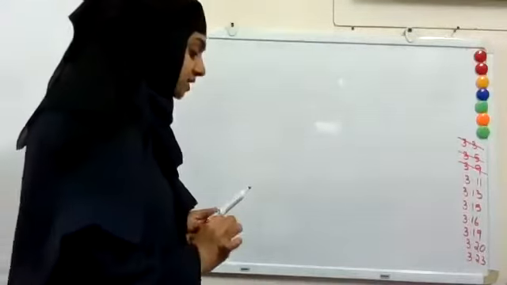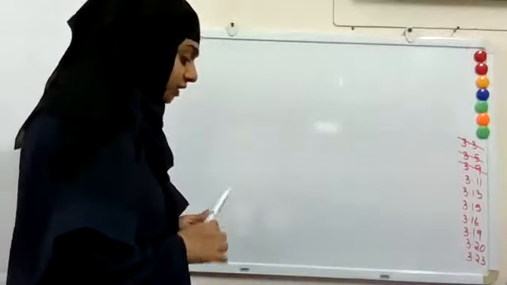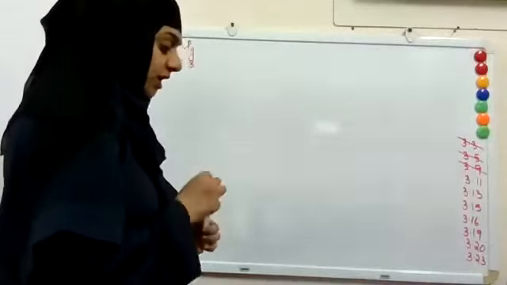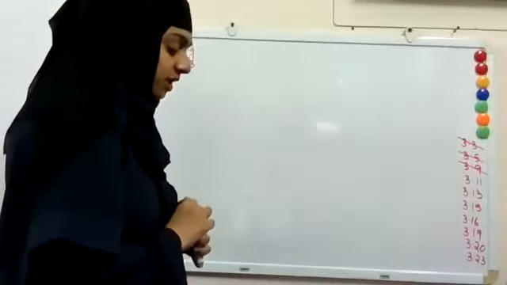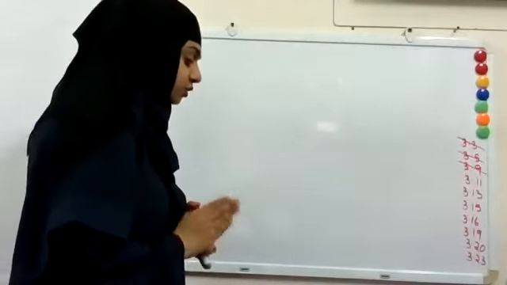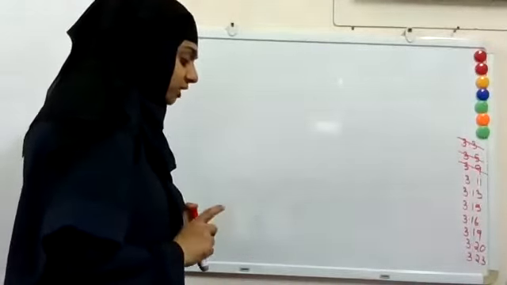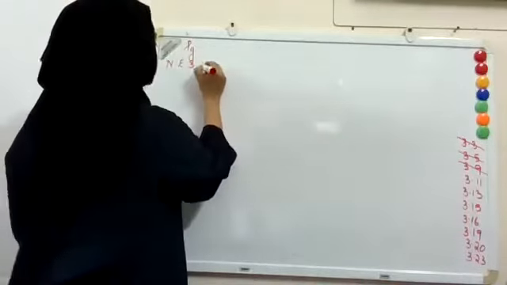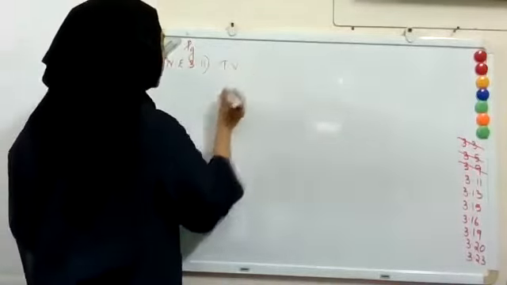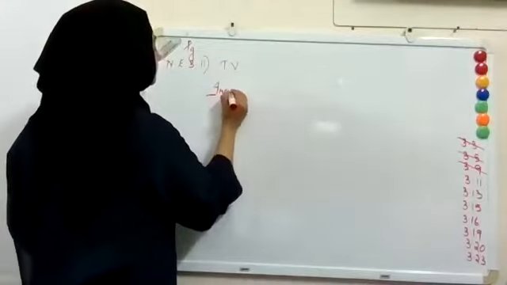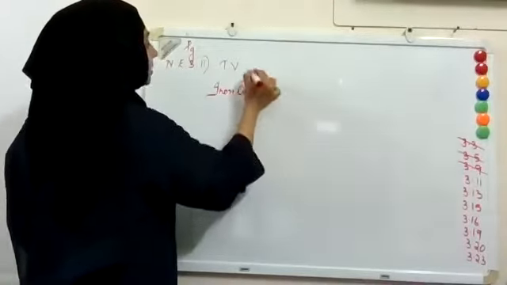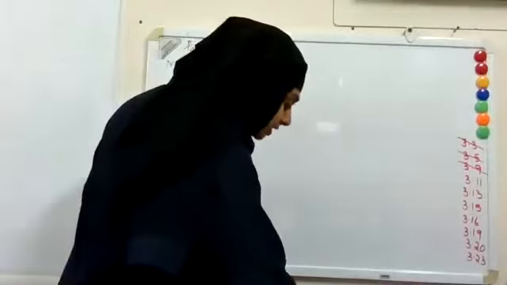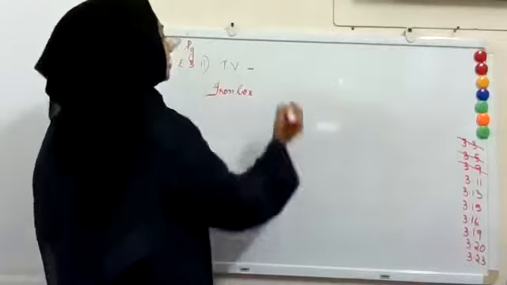A TV set of 250 watt is used for 1 hour and an iron of 1200 watts is used for 10 minutes. Which one will be using more energy? So you have a TV set and an iron box. TV set is using 250 watt.